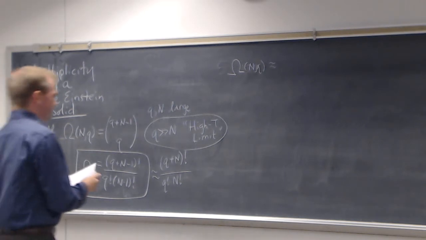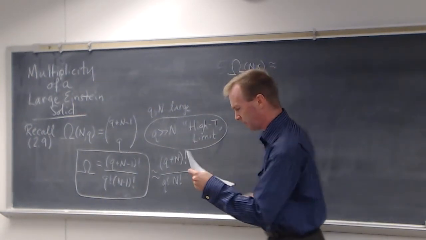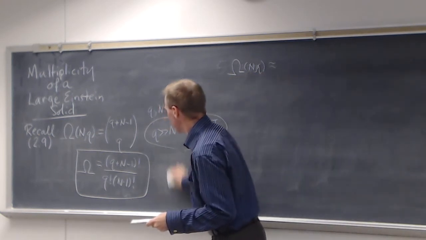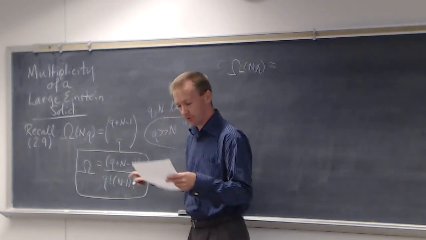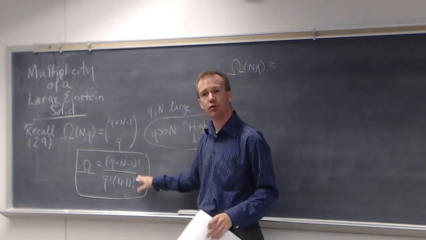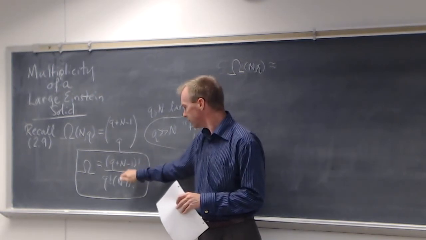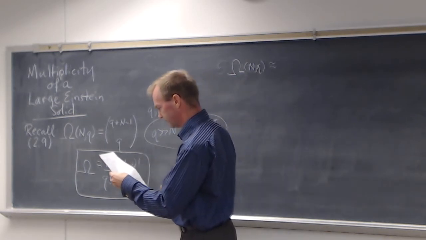Let me continue here for a moment. Let me show you more strictly how we can get rid of that there. Because it's not always clear when you've got factorials running around whether it's safe to ignore a difference of 1 on that. I can show you exactly.